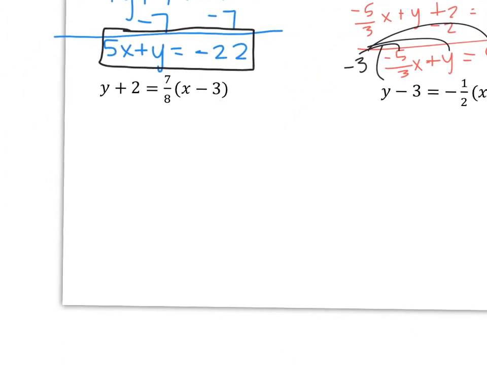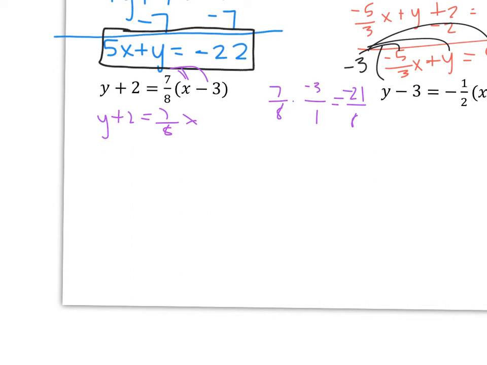All right. First step is to change colors here. Distribute my slope. So I get y plus 2 equals 7/8 x, and then 7/8 times -3/1 is -21/8.